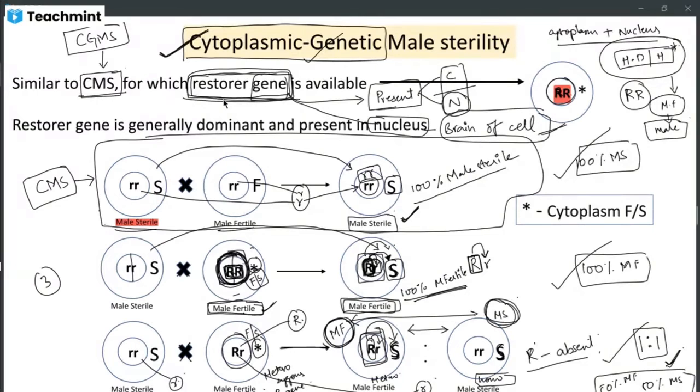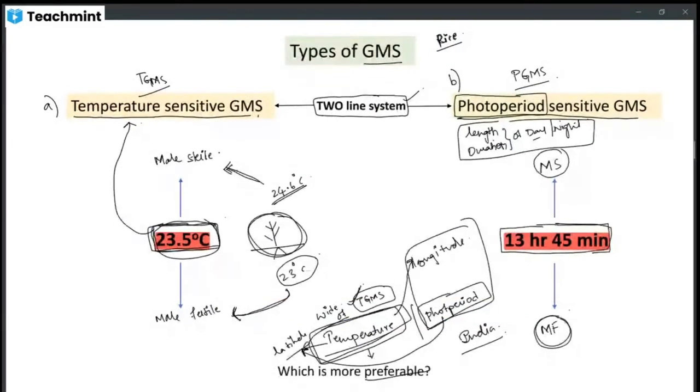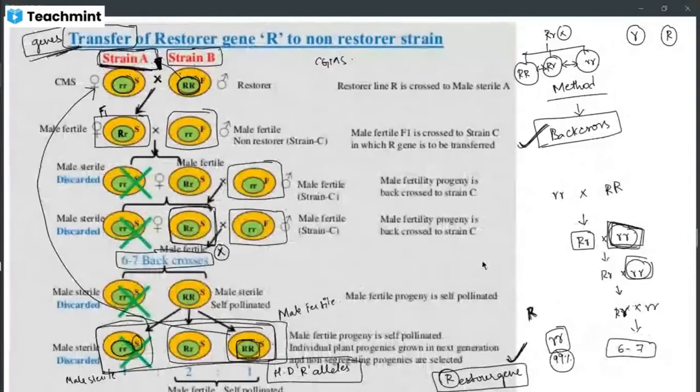Okay, right. So these are the three different lines. Sir, can you please explain how to transfer a restorer gene?